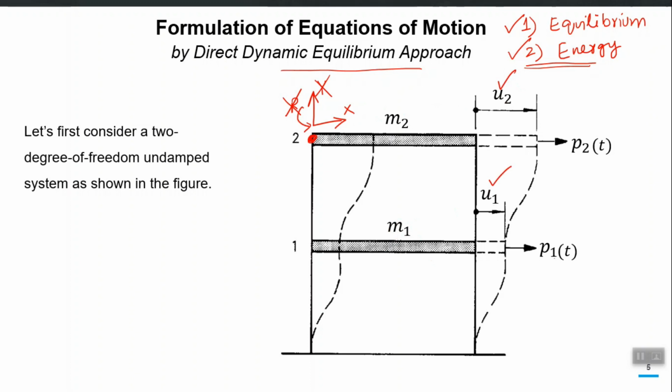So overall this is a 2 degree of freedom structure, because you need to have u1 and u2 at any time instant to plot the deformed shape of this structure. So at least two numbers are required to visualize its deformed shape at any time instant.